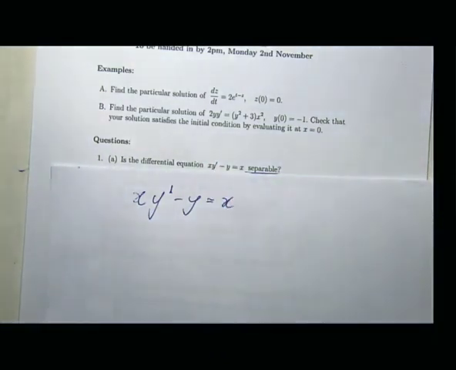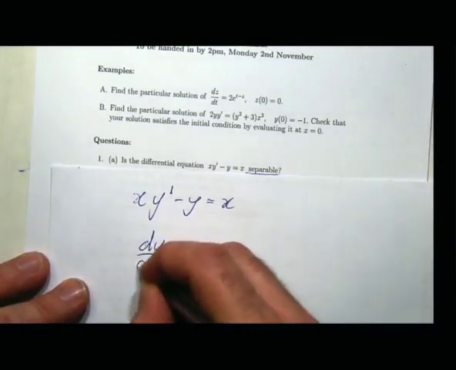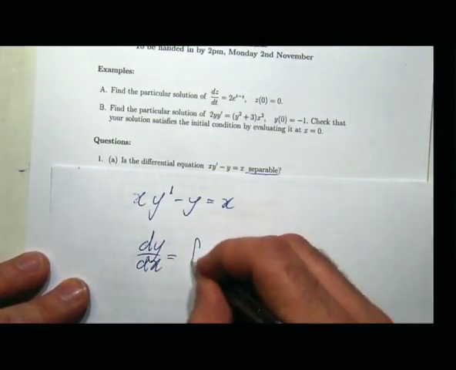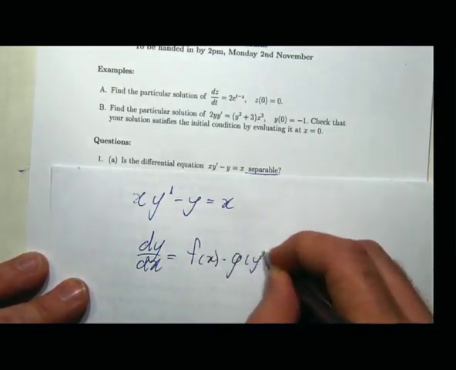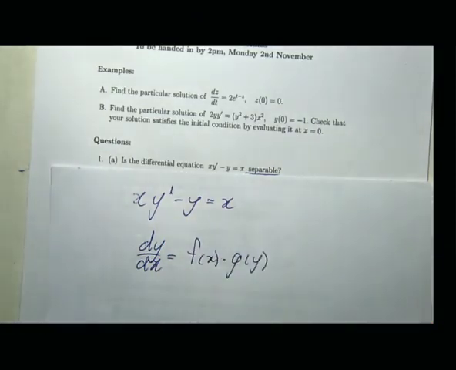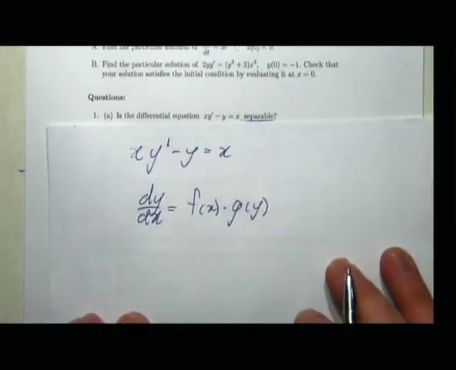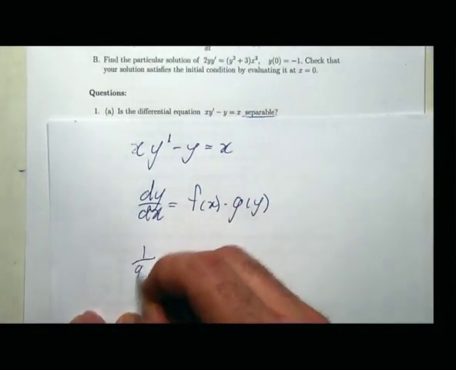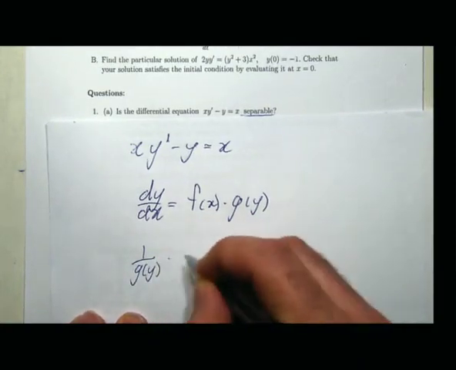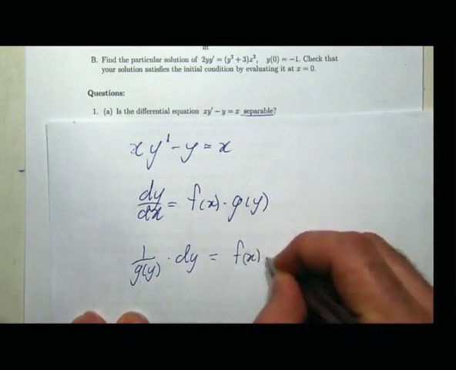For my function to be separable, basically I'm going to write dy on dx as equal to a function of x times a different function of y. So we separate the variables into two different functions. The first thing we do when we see something like this is separate them: 1 on g of y, dy is equal to f of x dx.